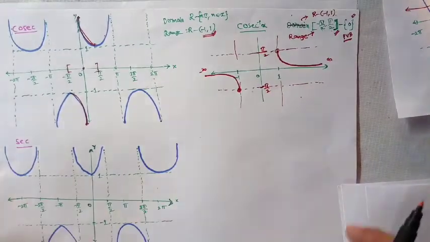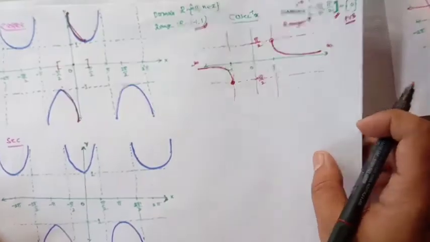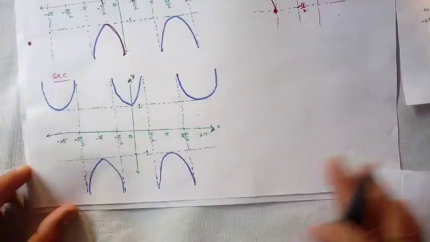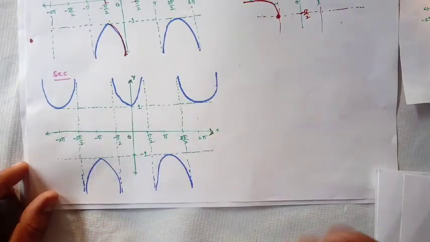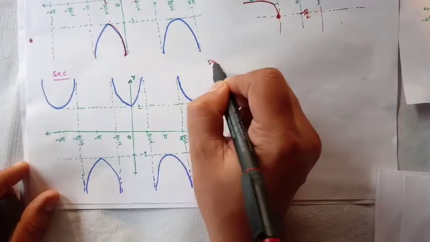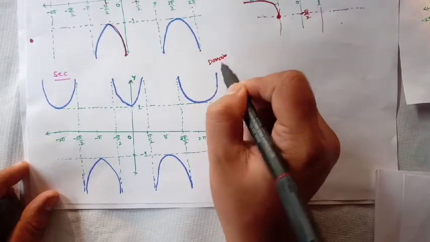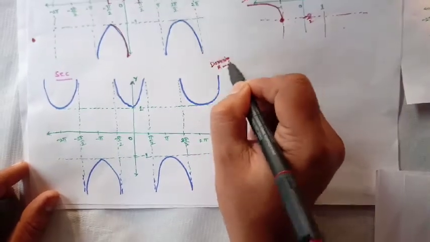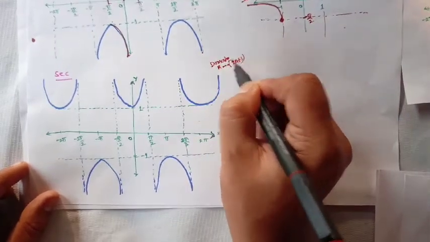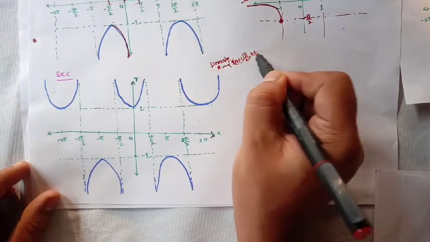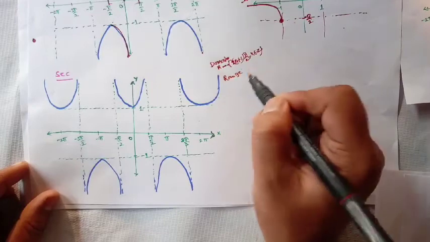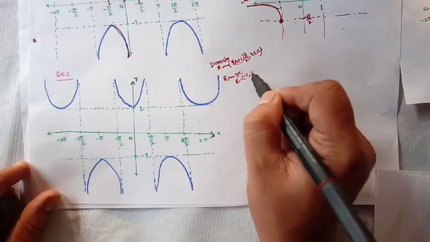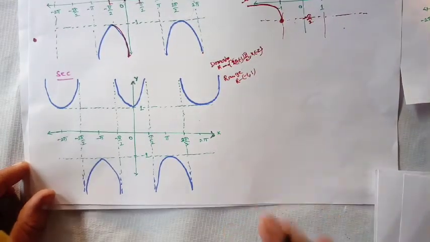Now we'll see the secant graph. Secant generally is defined with domain R minus odd multiples of 90, and range is R minus the interval minus 1 to plus 1.